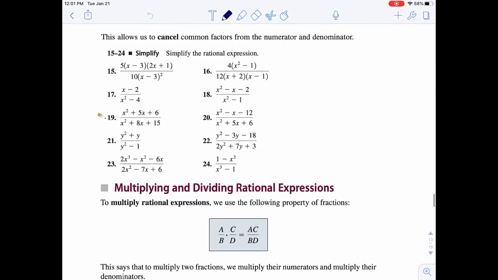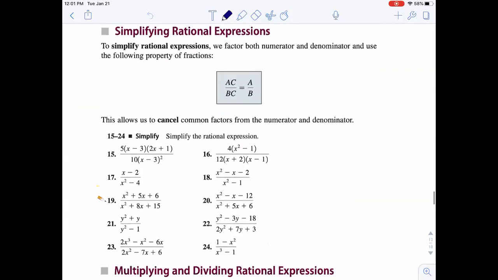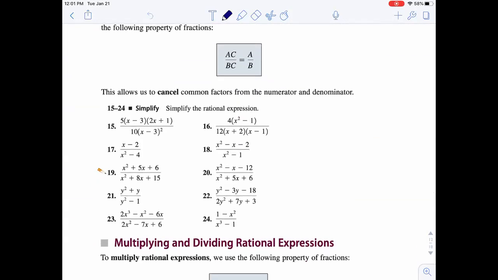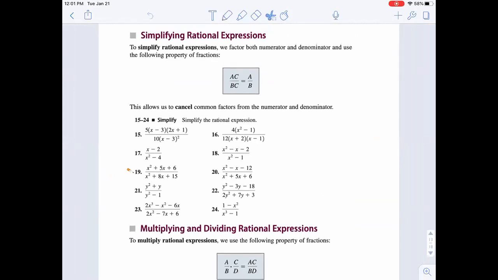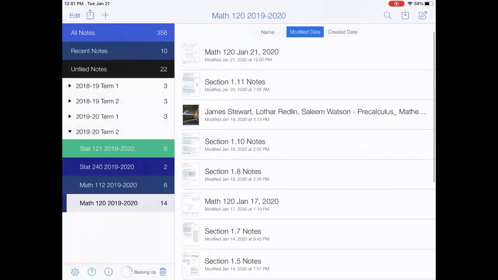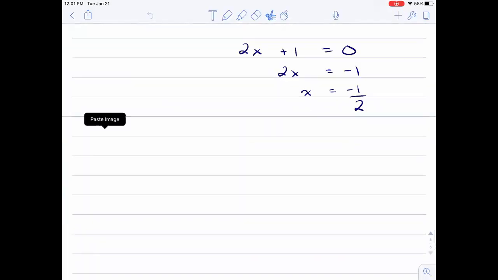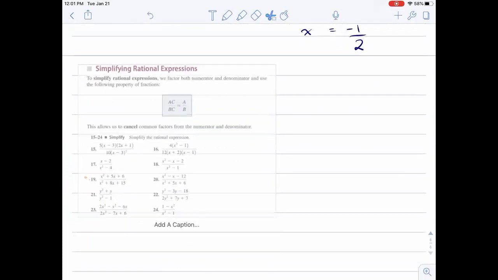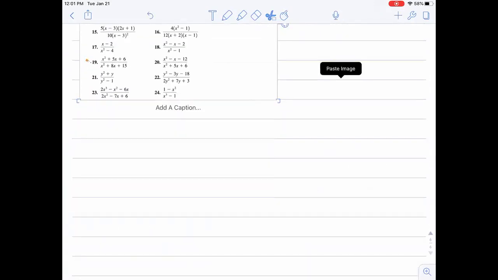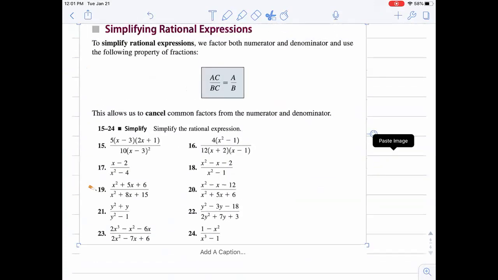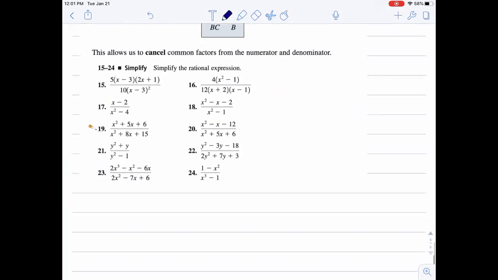Let's see here. Where is it? There. See how there's that x to the power of 3 in the denominator, right?